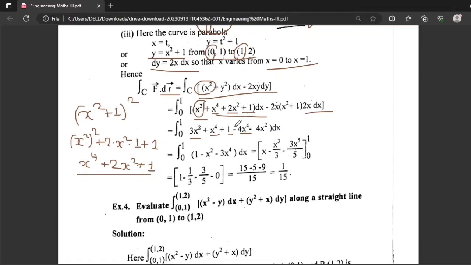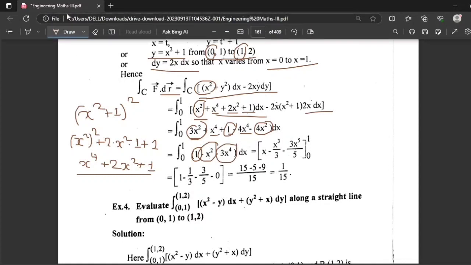So it is 1, and x square: 3x square minus 4x square is minus x square, and x power 4 minus 4x power 4 is minus 3x power 4.